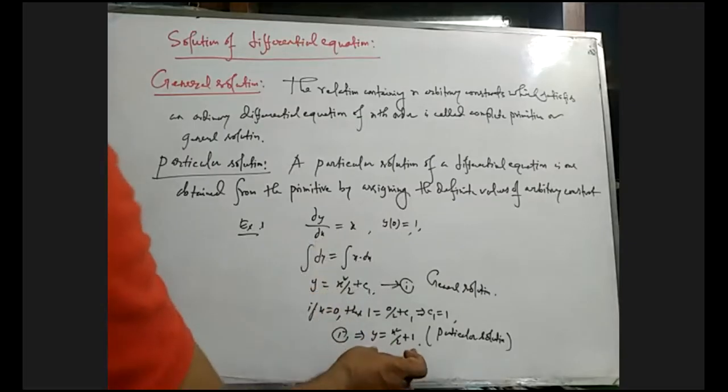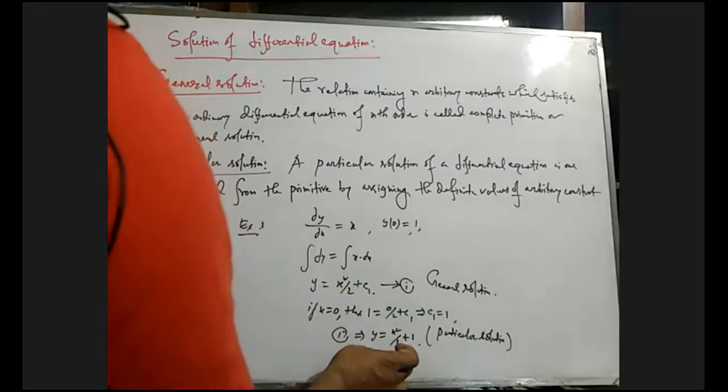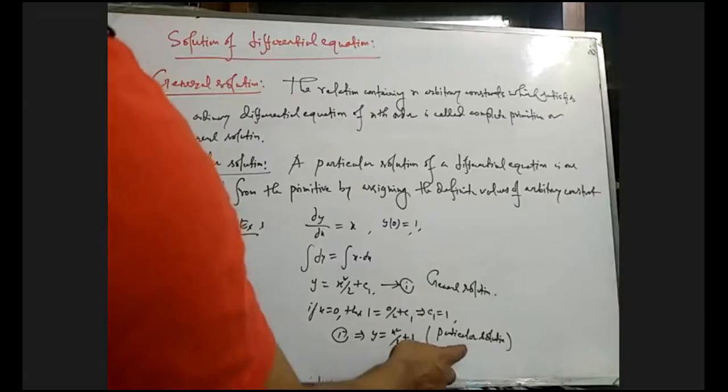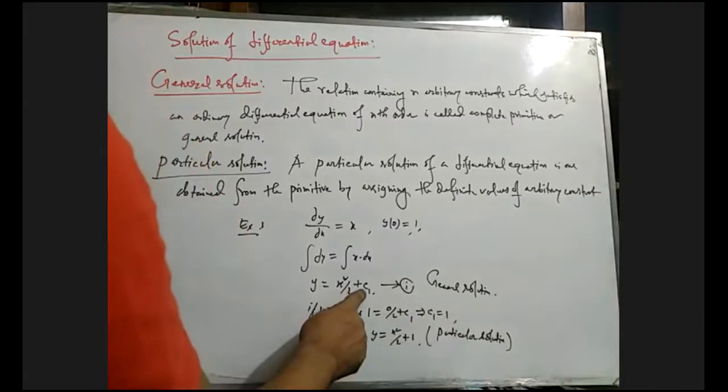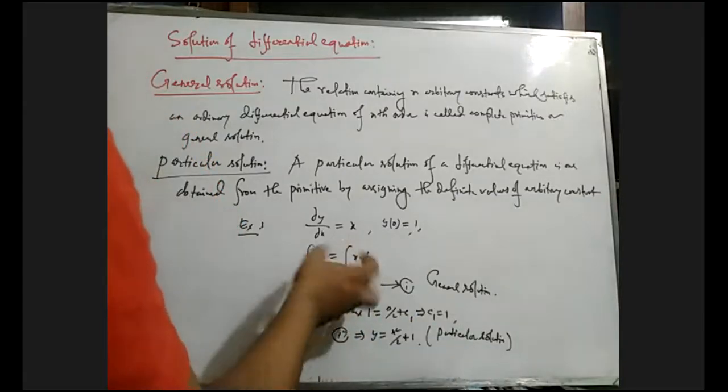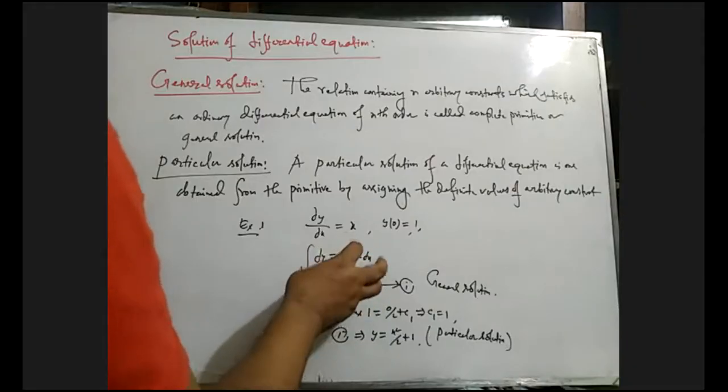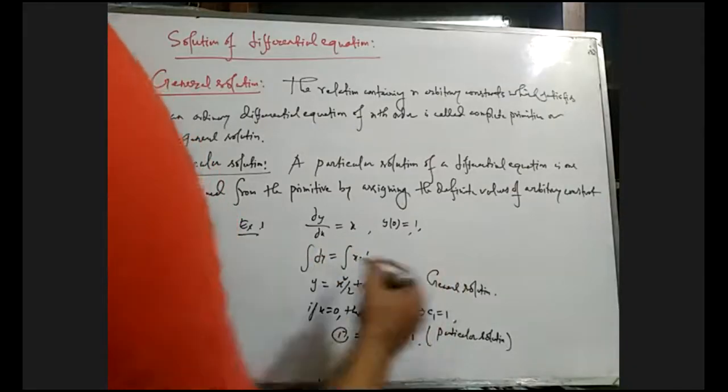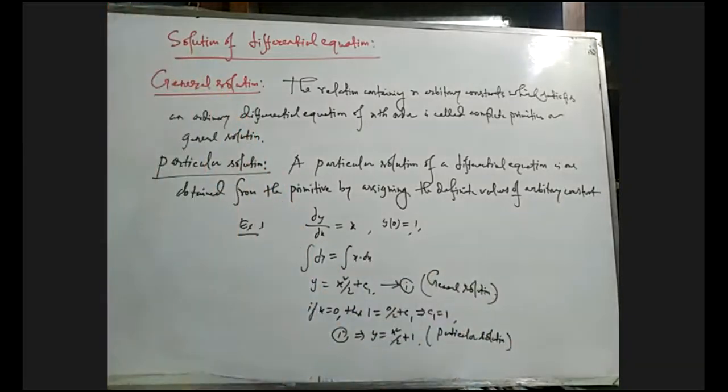This is why we get the exact solution. So this is called the particular solution, and the solution containing only arbitrary constants is the general solution. Remember it. This is the example of general solution and particular solution of a differential equation.